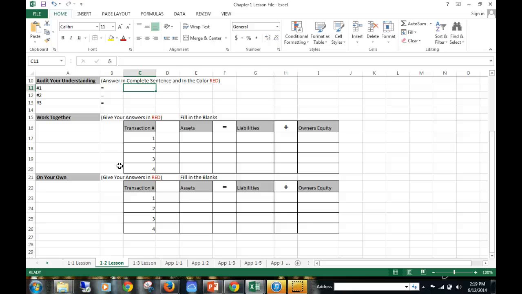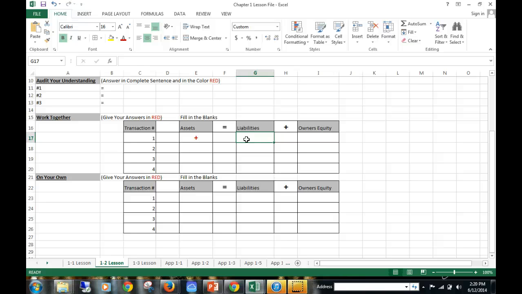Transaction 1, bought supplies on account. So when we buy supplies on account, again, supplies are an asset. So we're going to put a plus sign here. Hit enter after you hit the plus sign, which is shift plus equal sign on the keyboard.